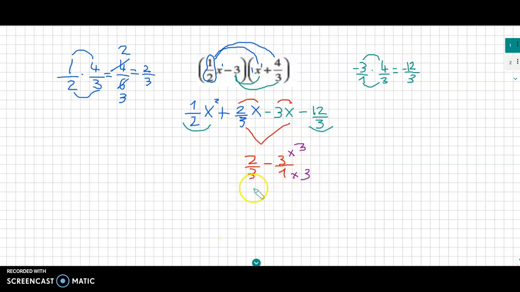So finally we have here 2 over 3 minus 3 times 3 will be 9 over 1 times 3, which is 3. Okay, so finally they have the same denominators, they are like fractions, and they can be added or subtracted. So 2 minus 9, which is minus 7, and we keep the same denominator, which is 3.